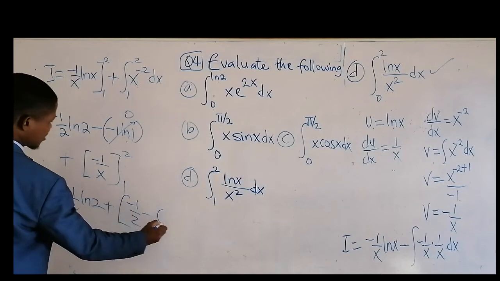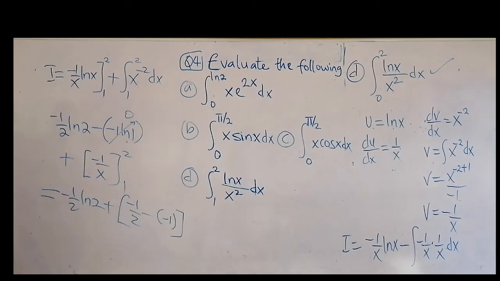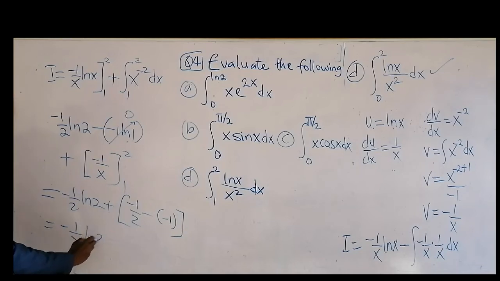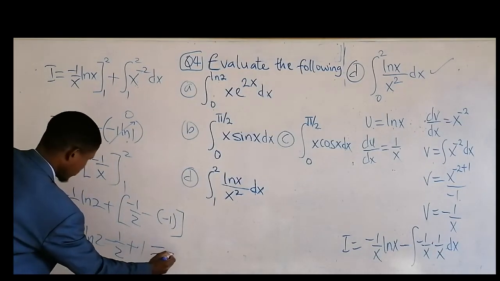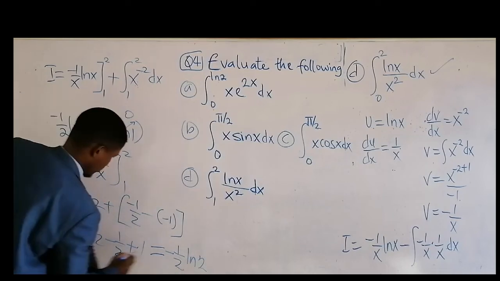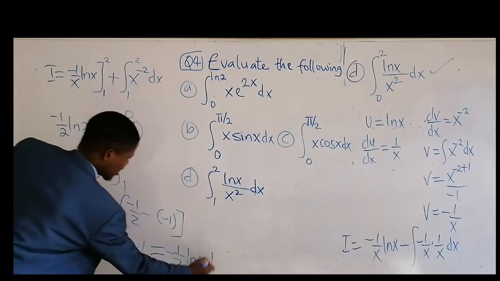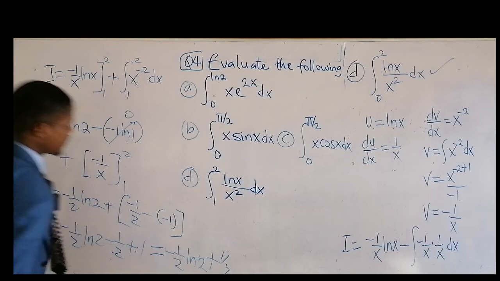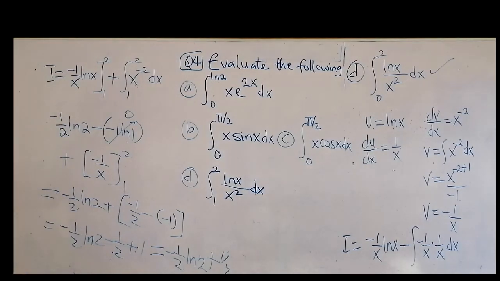So that's minus 1. So we now have half, minus 1 over 2 ln 2, then minus half, and then plus what? Plus 1. And that will give us minus 1 over 2 ln 2, and then plus what? Minus half plus 1. So that's what? Plus half. So that's that on that question.